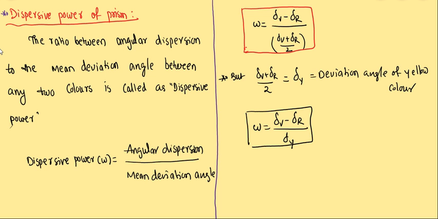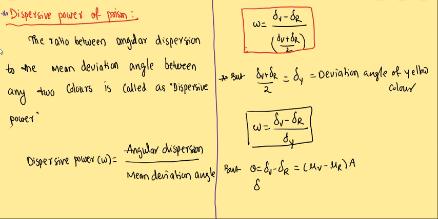But we know angular dispersion is equal to delta V minus delta R. We simplified it and got nu V minus nu R into A, that is angular dispersion.